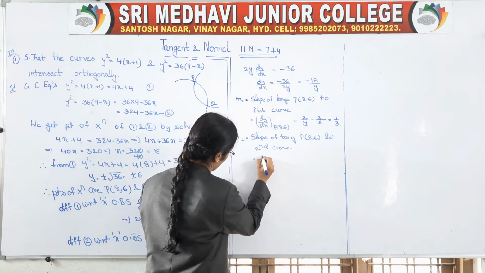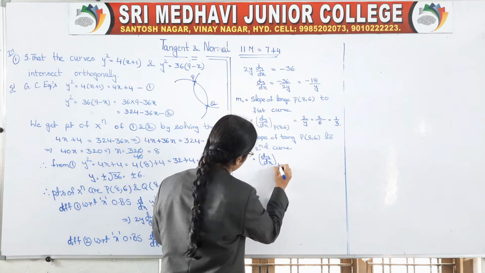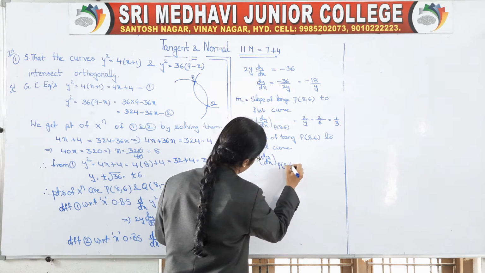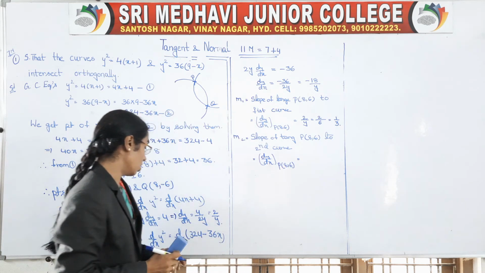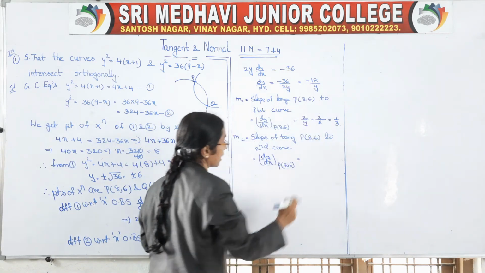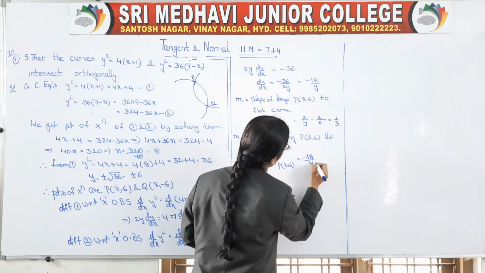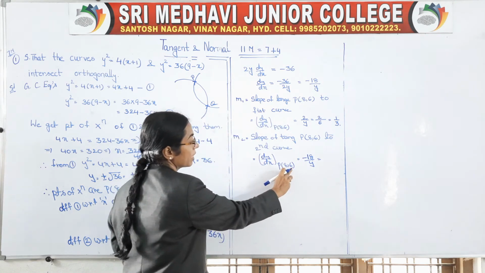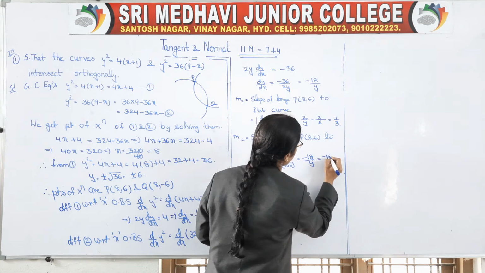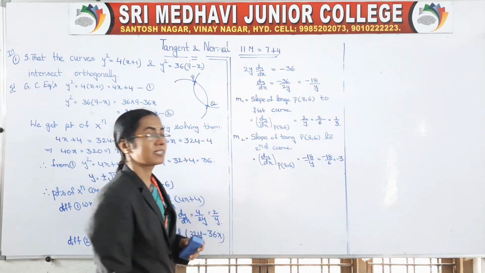So it is dy by dx at the point P 8, 6 to the second curve. The second curve's dy by dx is minus 18 by y. In the y place it is 6. So minus 18 by 6 is equal to minus 3.